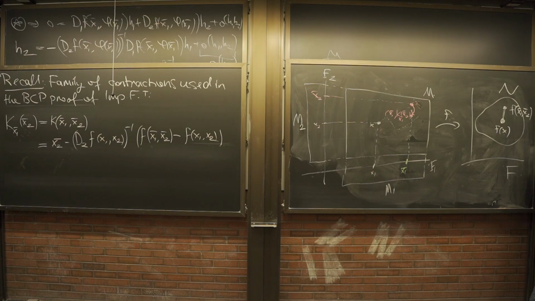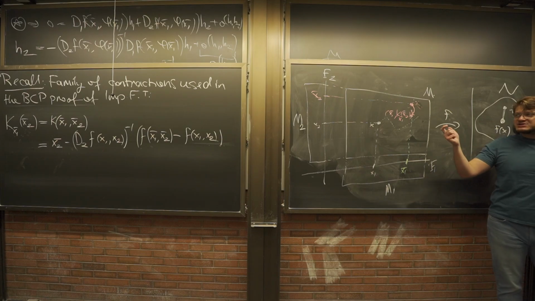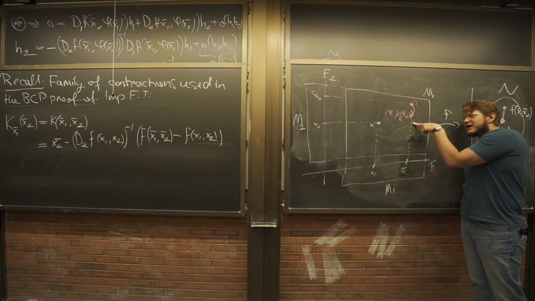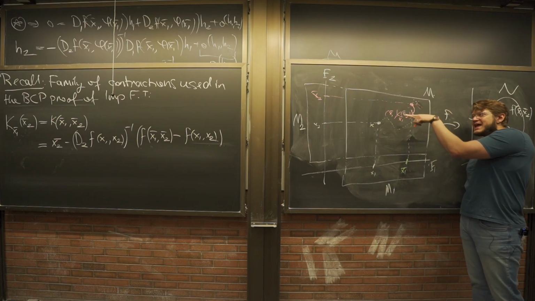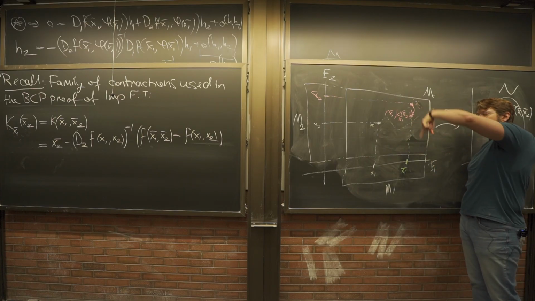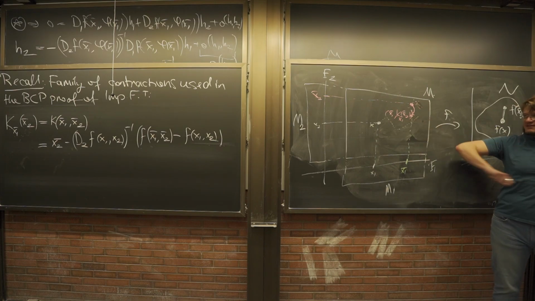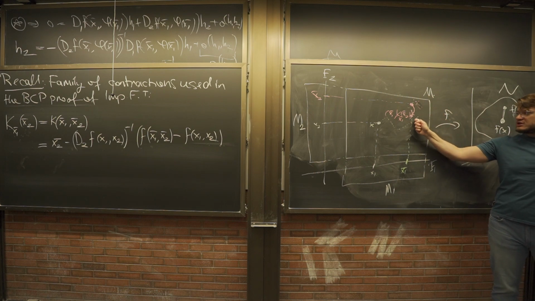The point is that, based on the construction, the target point you want to get is a fixed point of this contraction K. So you want to keep iterating this procedure, and asymptotically you're going to converge to the right point.